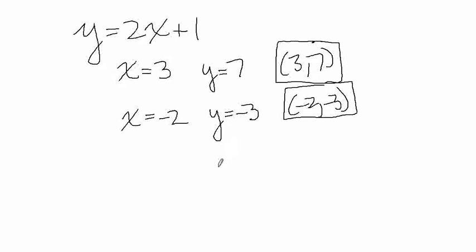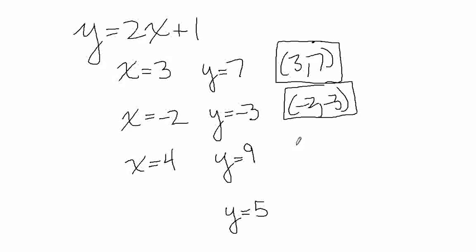Now, what if I wanted to specify y values and find the corresponding x values? What about y equal to 9 and y equal to 5? If y was 9, then I could replace y with 9 in the original equation and isolate x, and you can work that out yourself with pencil and paper, and you'll see that x is equal to 4.